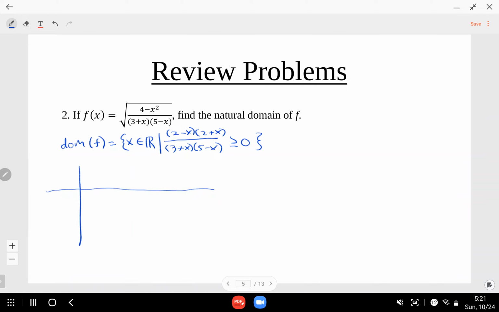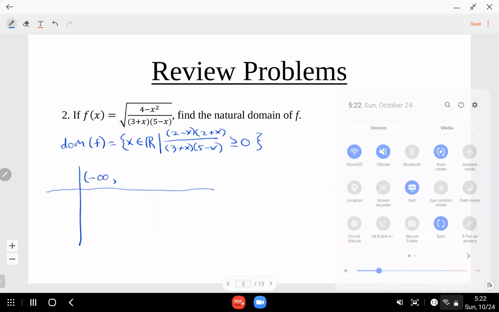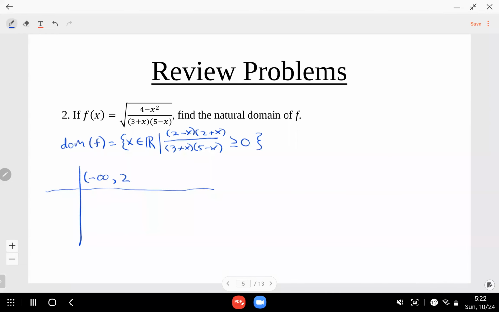Okay, so we do this. We're going to exclude the zeros here, so the intervals where this f(x) does not equal 0. I'm going to have 2 here.